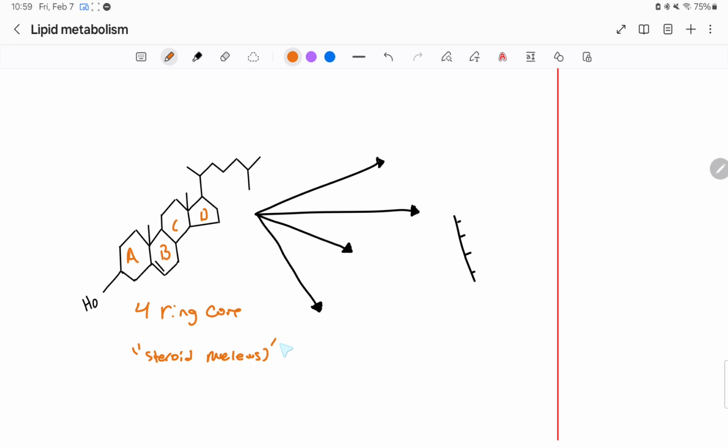And it's got a longer name, which I'm not even going to attempt to spell. It's called cyclopentanoperhydrophenanthrene. But I'm sure you guys can understand why it's also called a steroid nucleus. That's just a shorter version of it. I'm not going to even bother to spell that.